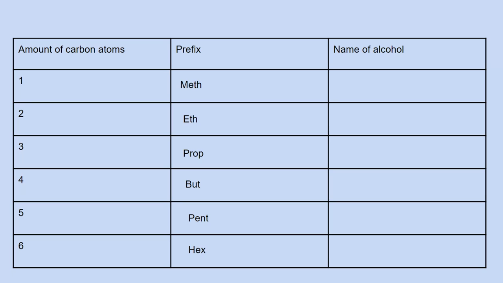We want to name our alcohols. So we know they're going to start with our prefixes. We know from the information we just learnt, they all end in ol, O-L. So we know ethanol. Hopefully from that we can put together methanol, ethanol.